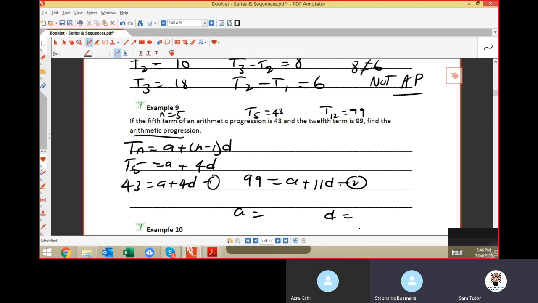Isn't it the second term divided by the first term? Yeah. So negative 6 divided by 18 gets you negative a third. And then, of course, since that's between negative 1 and 1, this is a limiting sum. And then your sum equals A on 1 minus R. So 18 on 1 minus negative a third, and then plug it in.